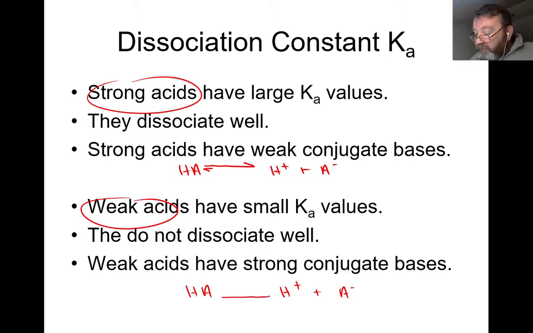Equilibrium is going to prefer to stay over here, and it isn't going to go very, very far at all over this way. So what does that mean? You've got a very, very weak acid and a very, very strong conjugate base. Because if the conjugate base is formed at all, it runs straight back to give me the original acid. Here, if the conjugate base is formed, it wants to stay that way. And the conjugate base doesn't want to react, making it extremely weak.